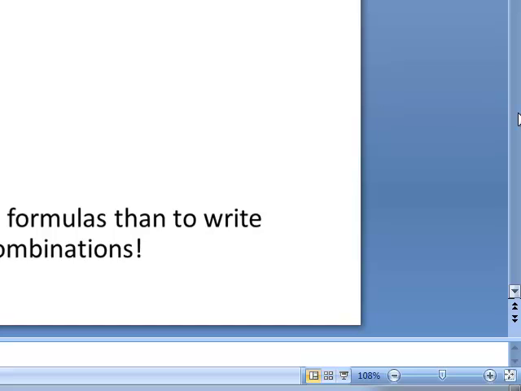So let's consider the case again of the inspector taking 2 out of 5 parts. But now AB is not the same as BA and should therefore be counted differently. Hence the formula is big N factorial divided by big N minus small n factorial. And big N is 5, small n is 2.